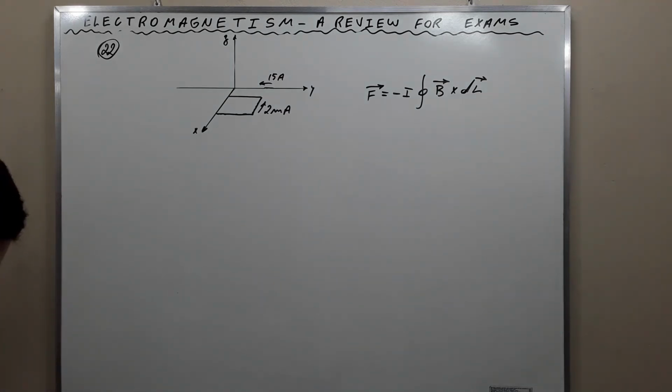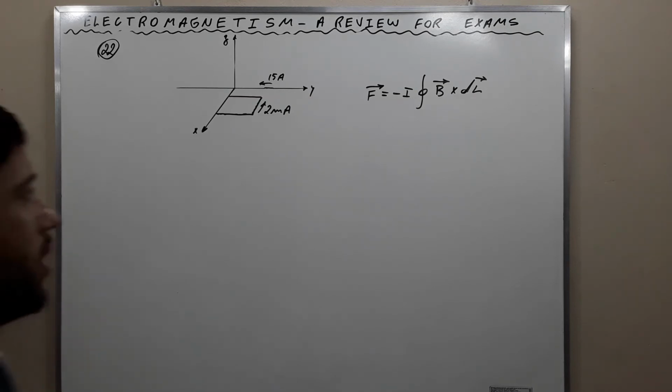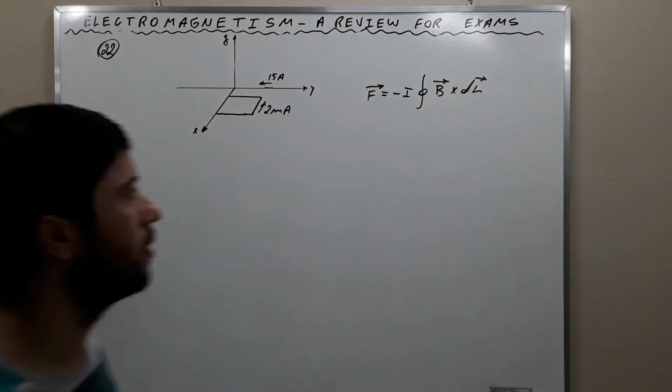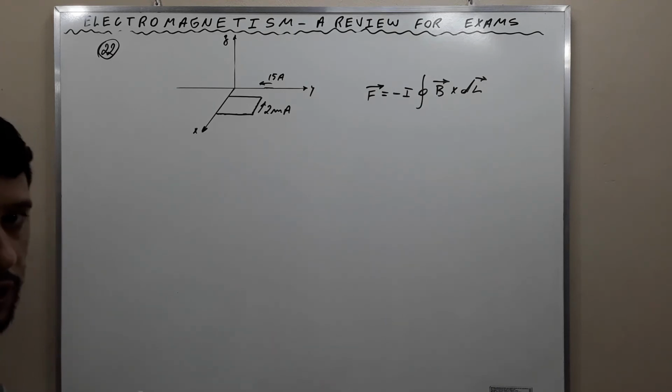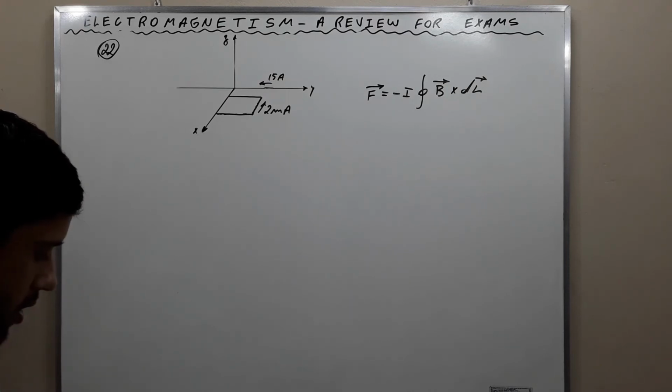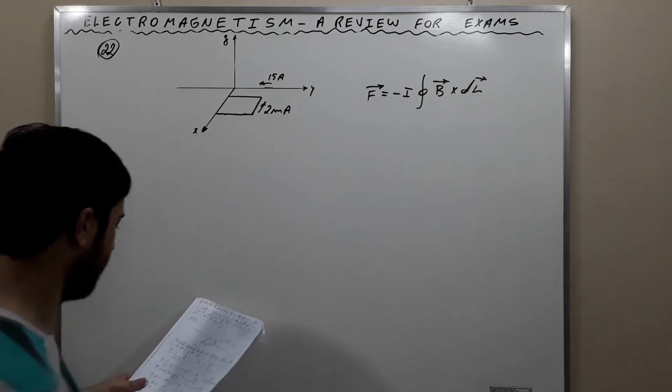Alright, but before using this expression, we need to find B, okay? B is the magnetic flux density, and let's calculate B.